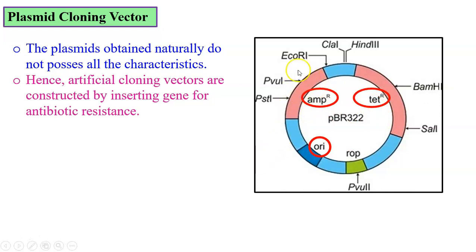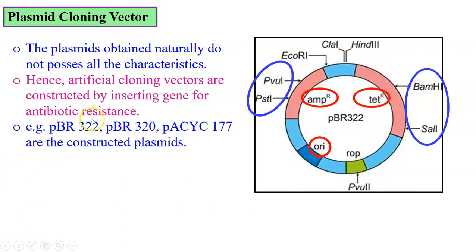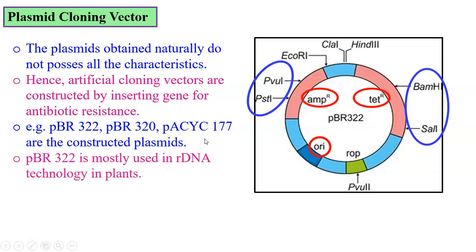Within these selectable markers, you can see the recognition sites present, which are used for introduction of the foreign gene, the gene of interest. pBR322, pBR320, these are constructed plasmids, and pBR322 was constructed by Bolivar and Rodriguez, and in the series it is 322, and this is mostly used in recombinant DNA technology.